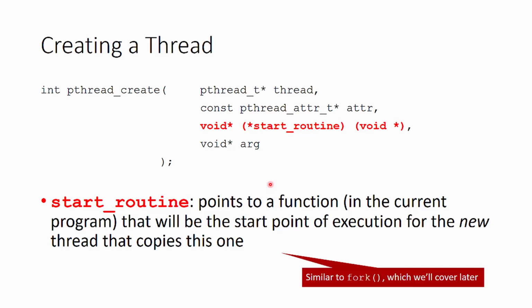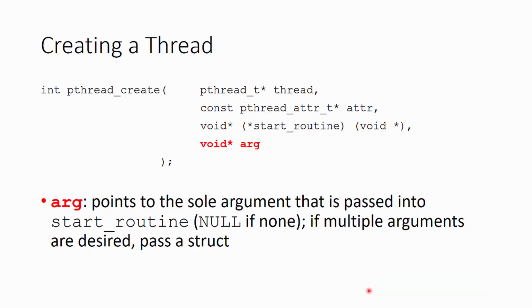So when that new thread wakes up, it will begin running at start routine. Okay? So it's almost like your program gets cloned and the new thread starts running at whichever function you tell it to start running at. This is kind of like fork, if you're familiar with that. And we'll talk more about that in a later lecture in block 3.